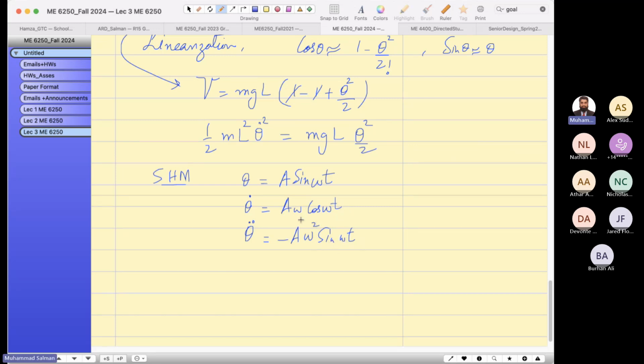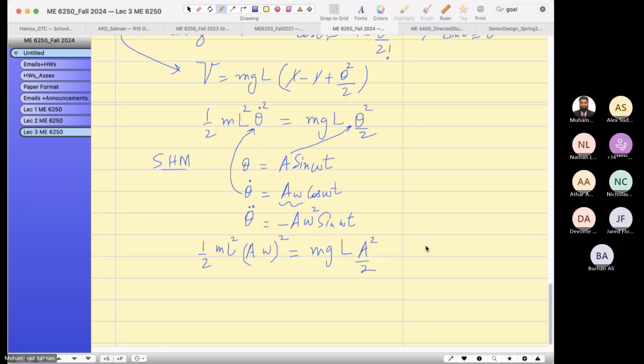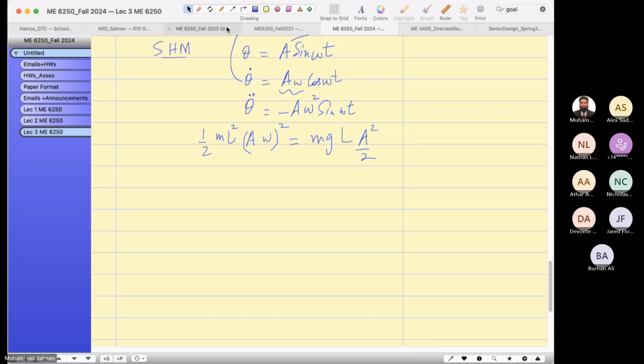If you focus on the amplitude here and plug it in this equation, the amplitude is half m L squared, and over here the amplitude is written here, A squared over 2. Don't worry about writing the sine and cosine function.